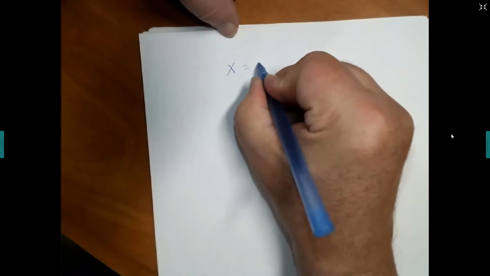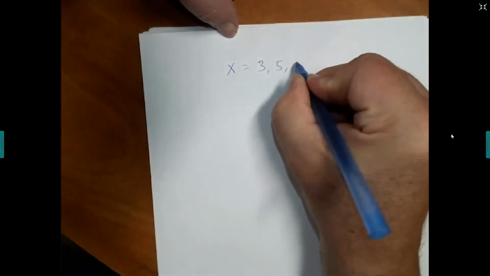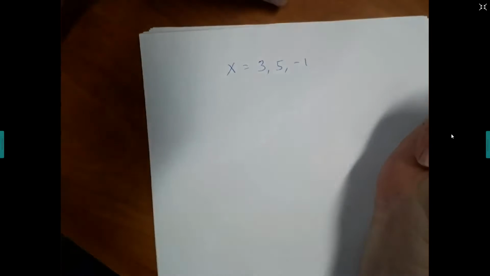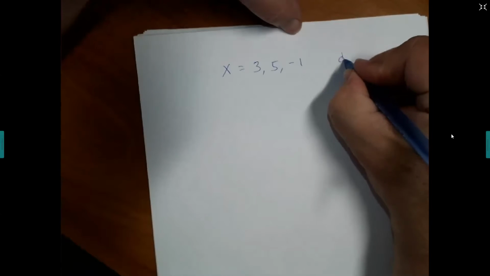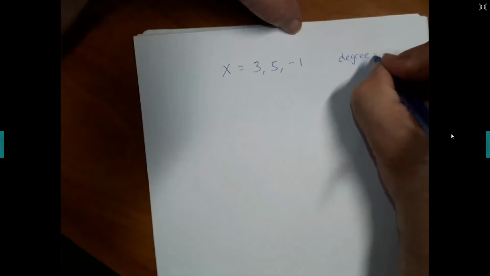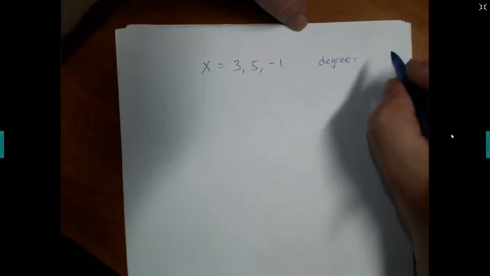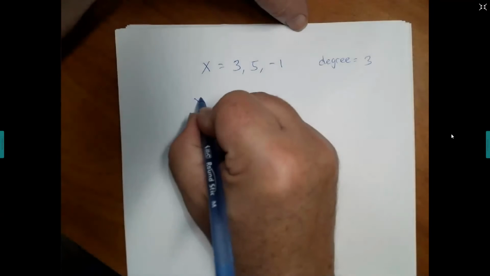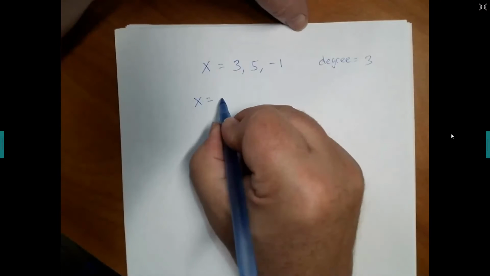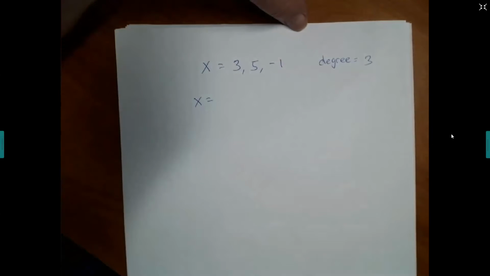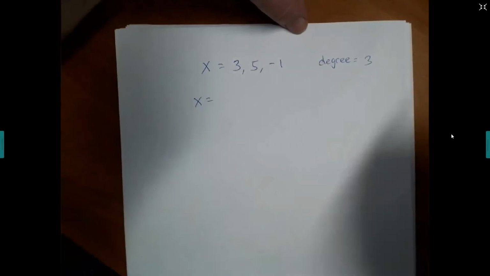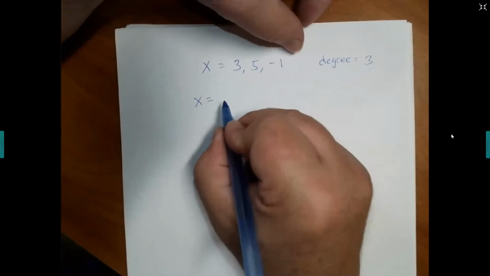If my solutions were 3, 5, and -1, what's my degree of that equation? If you're counting repeated zeros, like on the problem we had when 2 was the answer 3 times, does that ever come up? Yes, it's a very good question.